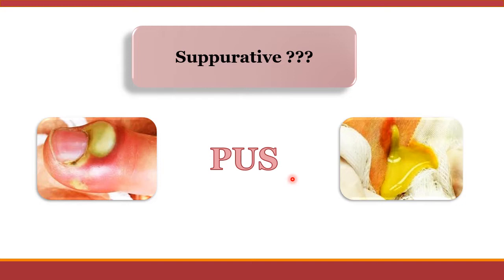This fluid will be formed in the presence of certain types of bacteria, not with all types of inflammatory responses. So, if any inflammation is associated with pus formation, this inflammation will be called suppurative. If the inflammation is not containing pus, it will be called non-suppurative.